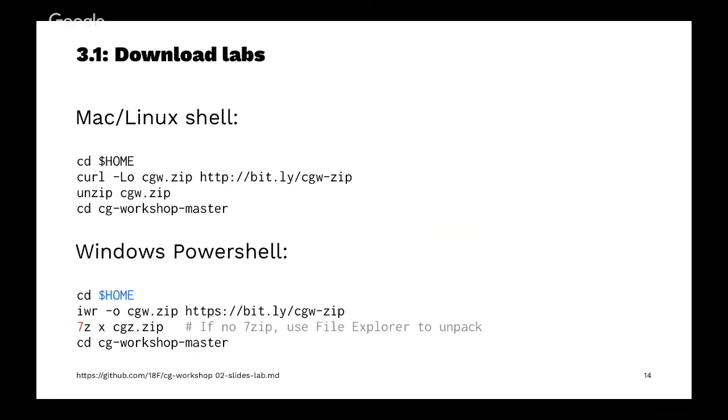On PowerShell, similar, but you use the IWR command to save the output file cgw.zip, get it from this bit.ly URL. If you're on the workspaces, you can use 7z extract to unpack the zip file. If you're not, you should be able to use the extractor that's bundled with your File Explorer to do that.